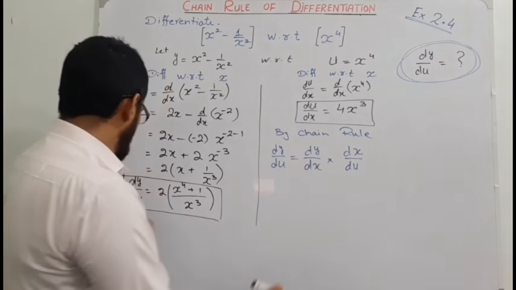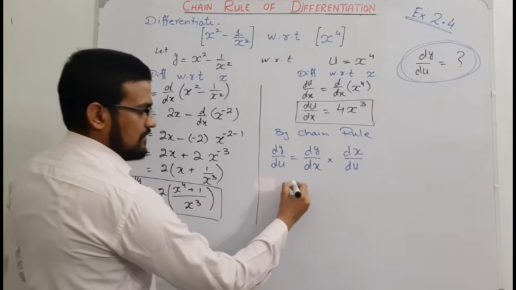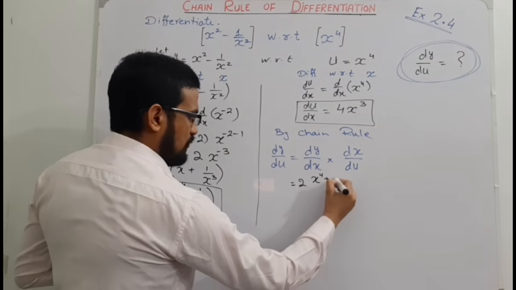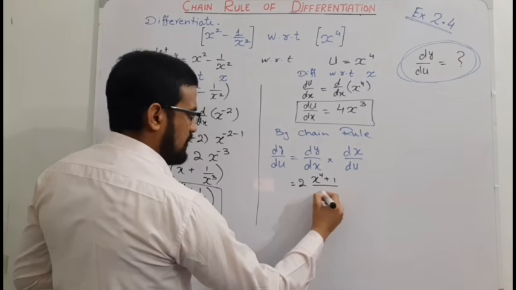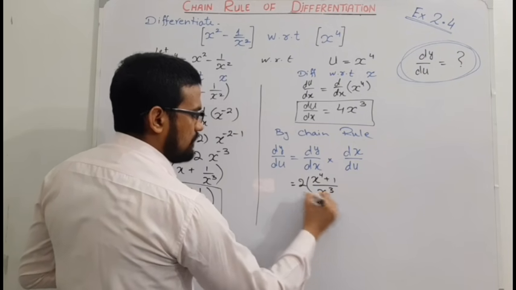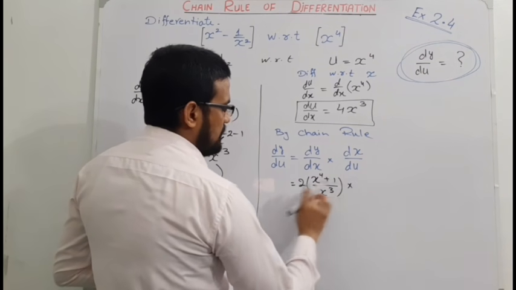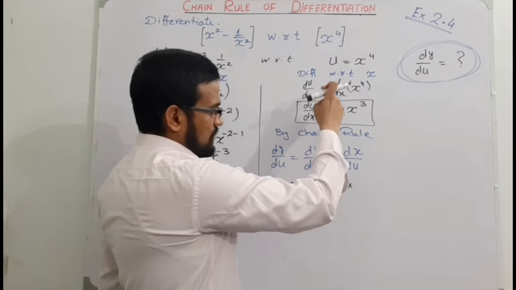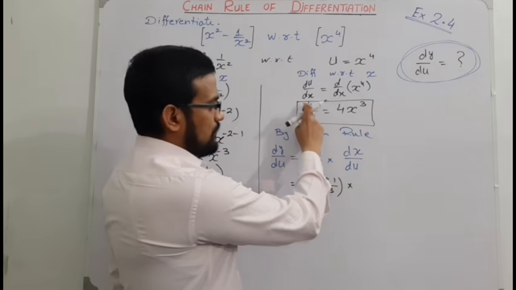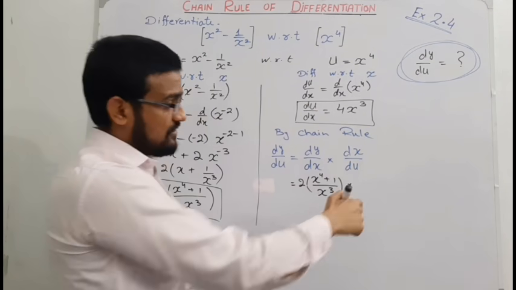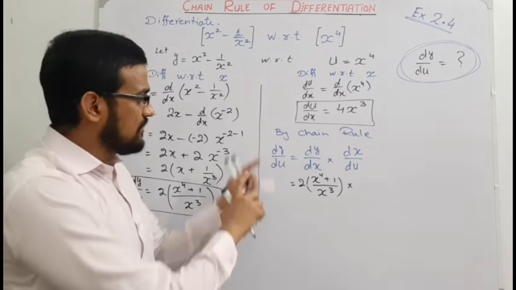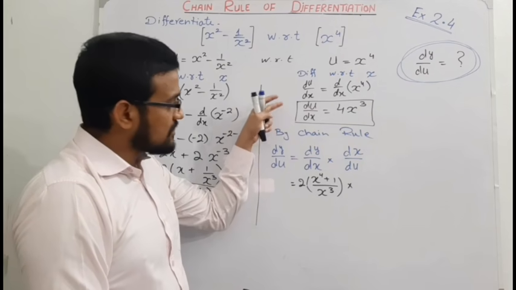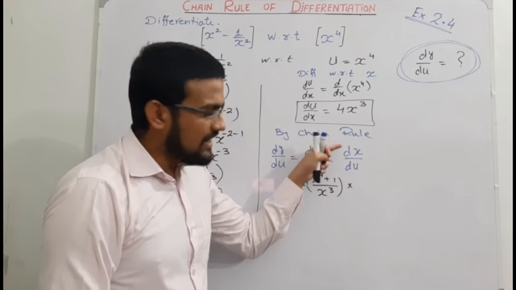dy over dx is 2 times (x to the power 4 plus 1) divided by x cube, multiplied by dx over du. Students, this is a similar rule to the previous question. There it was du over dx, but here it is dx over du.